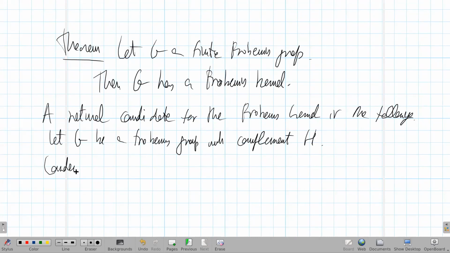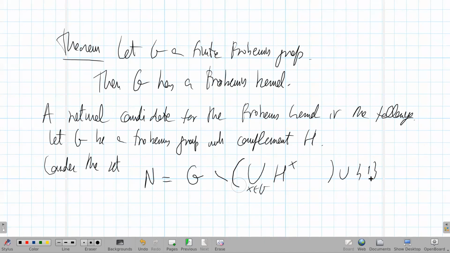Consider the set N, which is given by: you take G, you take out the union of all conjugates of H, and you add 1. Okay.